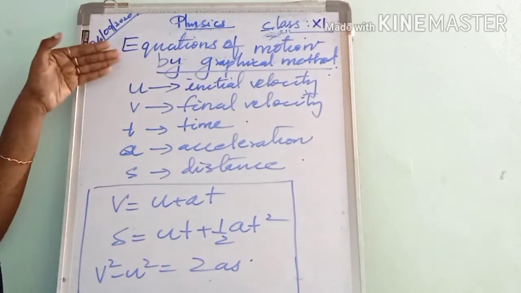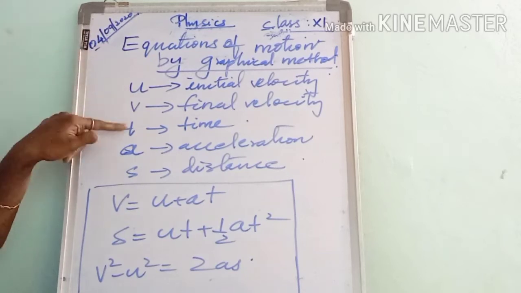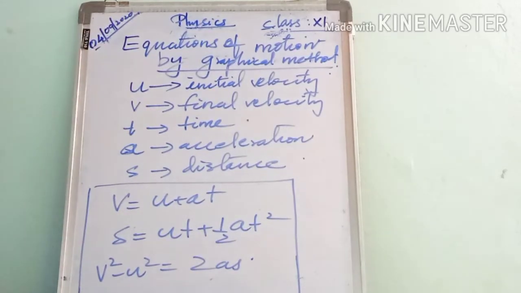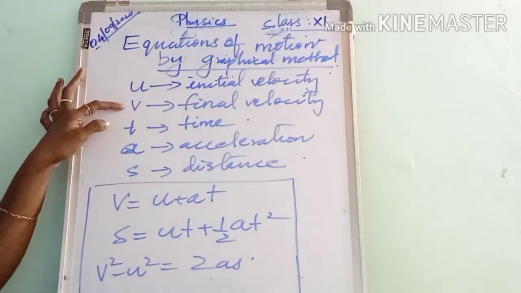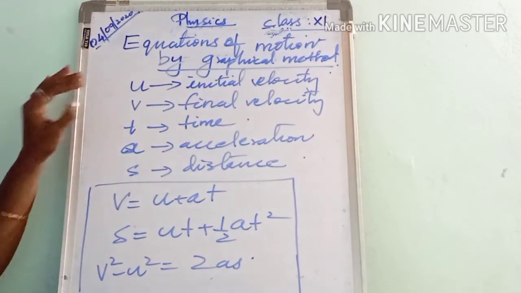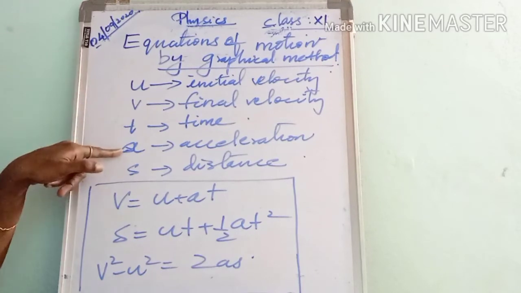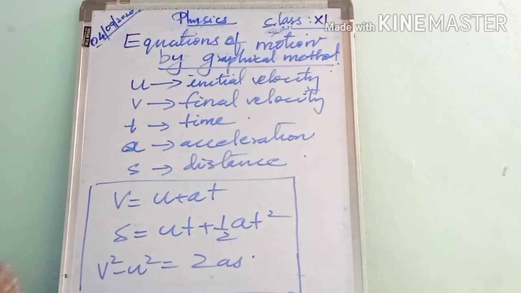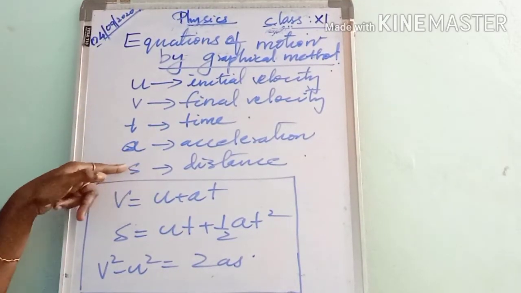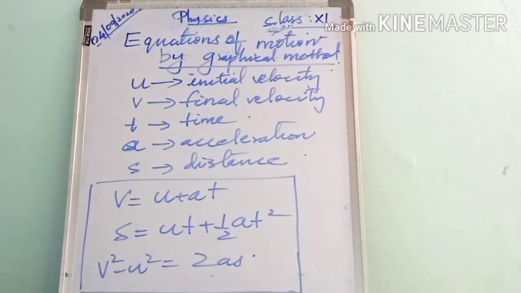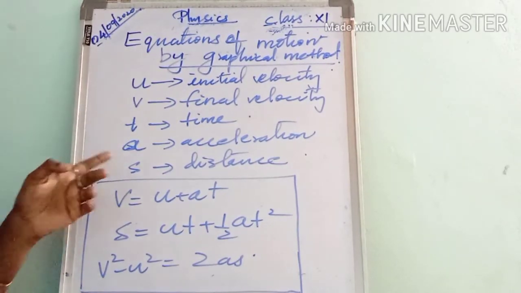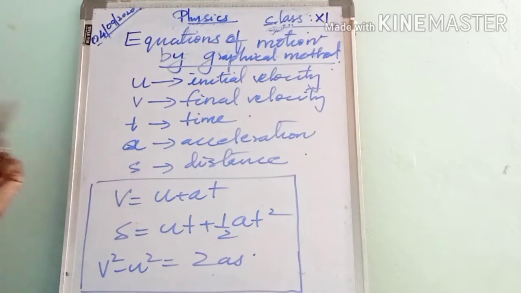After a time t, its velocity changes to v, so the final velocity is v. Due to this change in velocity, the object gets accelerated. The acceleration is represented as a, and the distance covered by the object is represented as s.